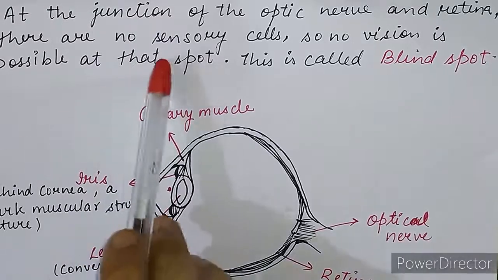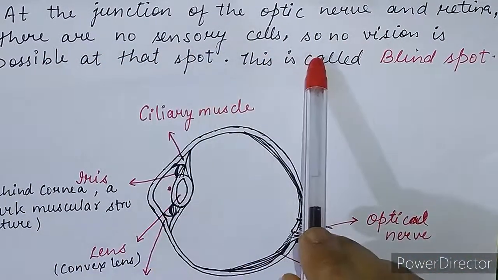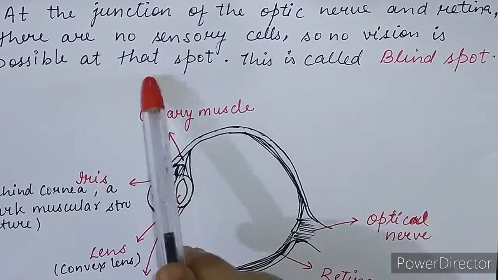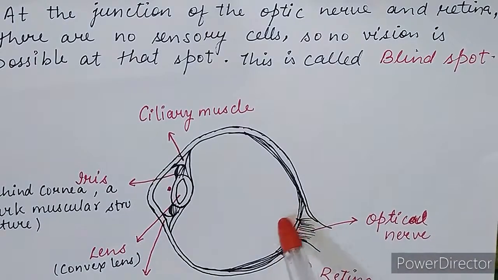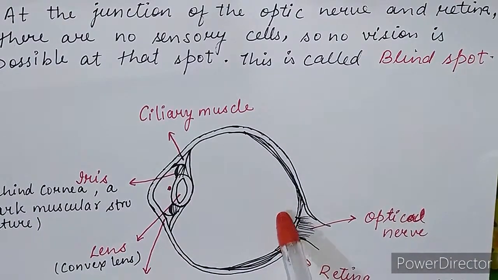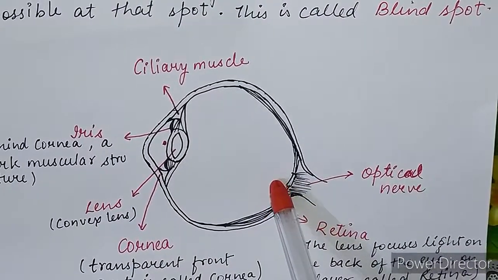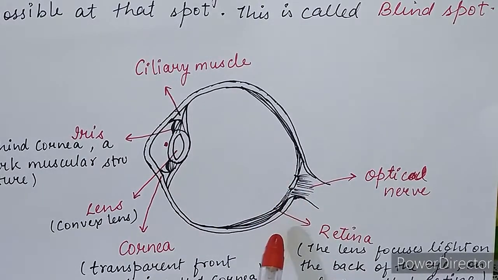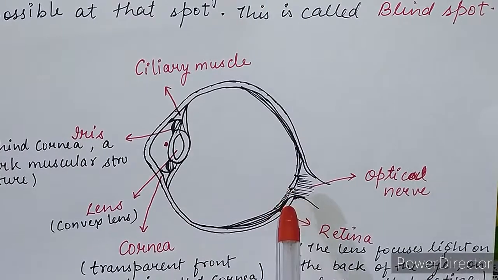Now at the junction of the optic nerve and the retina, there are no sensory cells, so no vision is possible at that spot. This is called the blind spot. There is one junction between the optic nerve and the retina where no sensory cells are present. Since the cells are not present, there will be no vision, meaning no image is possible on that spot, and that particular spot is known as the blind spot.